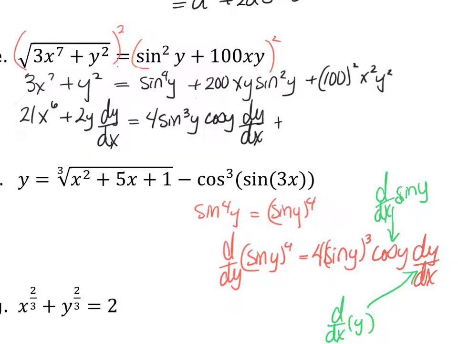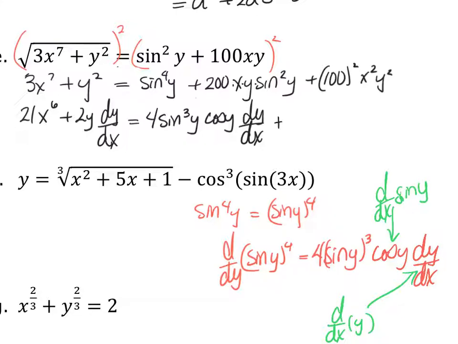Okay, so on my middle term there, I have a whole bunch of stuff going on. I have 100 multiplied by x multiplied by y multiplied by sine squared y. I have a whole bunch going on. So I'm going to do the derivative of x first. What is the derivative of x?